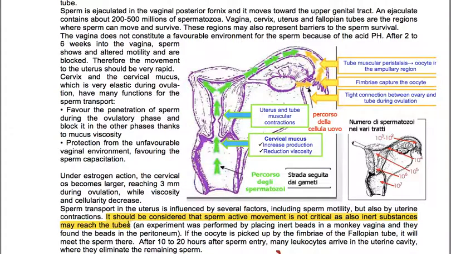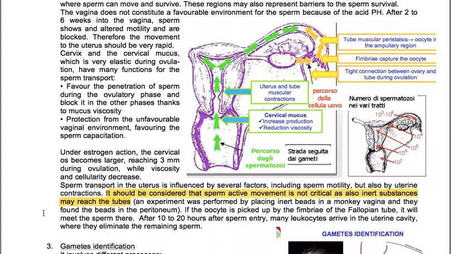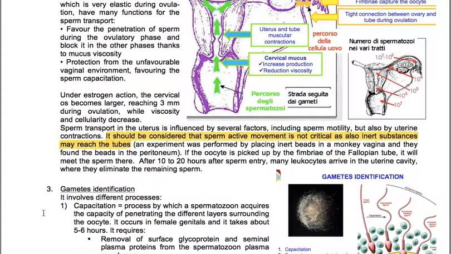An experiment was performed by placing inert beads in a monkey vagina, and they found the beads in the peritoneum. If the oocyte is picked up by the fimbriae of the fallopian tube, it will meet the sperm there. After 10 to 20 hours after sperm entry, many leukocytes arrive in the uterine cavity, where they eliminate the remaining sperm.